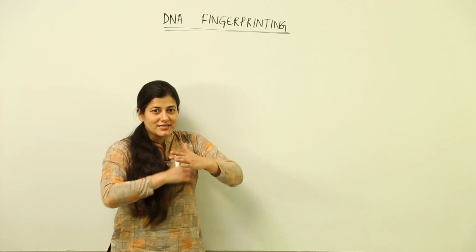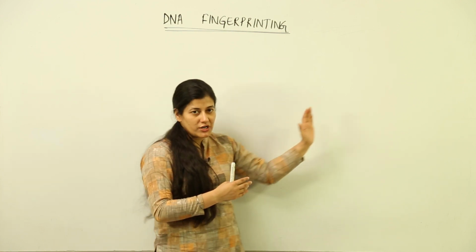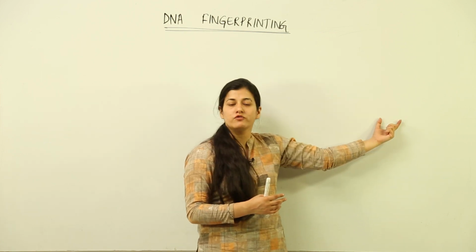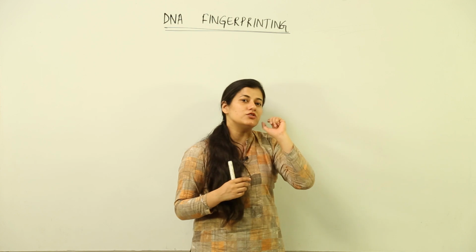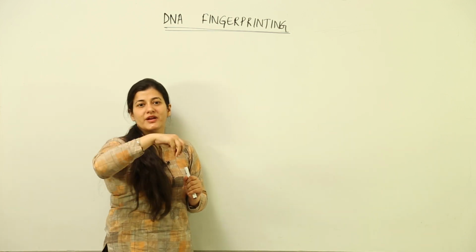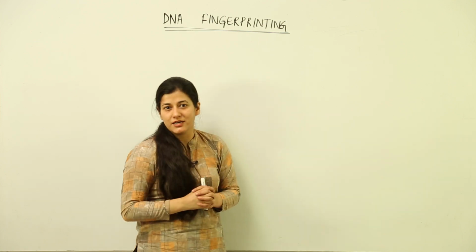It is not segregated in such a way that 99.9% of DNA is similar and the remaining 0.1% is present at some end. That 0.1% difference is present within that 99.9%.